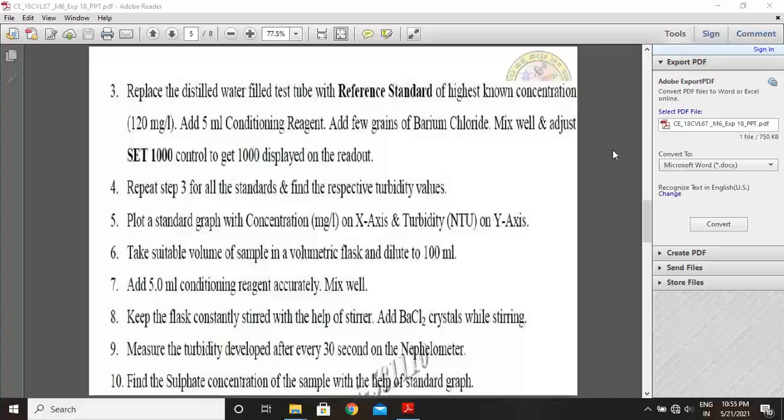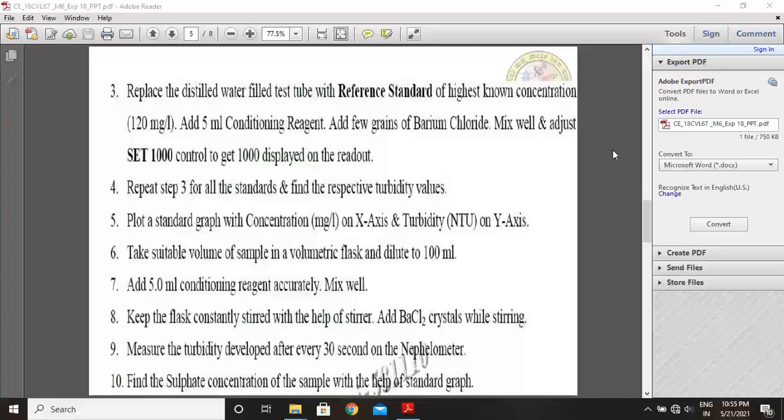Now take a suitable volume of sample in a volumetric flask and dilute to 100 ml. Add 5 ml conditioning reagent accurately, mix well. Keep the flask constantly stirred with the help of the stirrer.